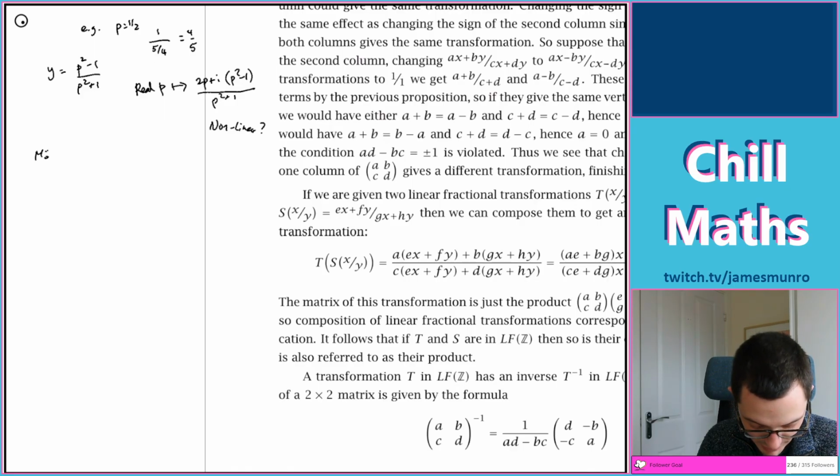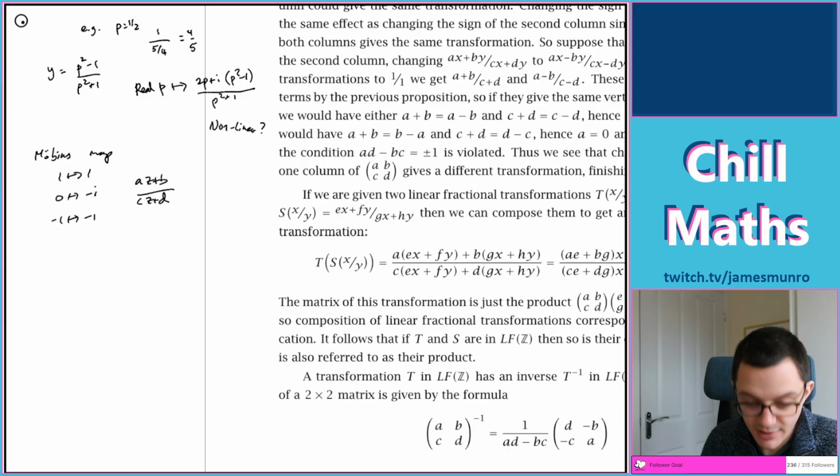So let's see if we can find a Mobius map that sends 1 to 1, 0 to minus i, and minus 1 to minus 1, and has the form (az plus b) over (cz plus d) for complex numbers. I think such a map exists. Let's find out. So what do these tell me? So that is (a plus b) over (c plus d) should be 1.